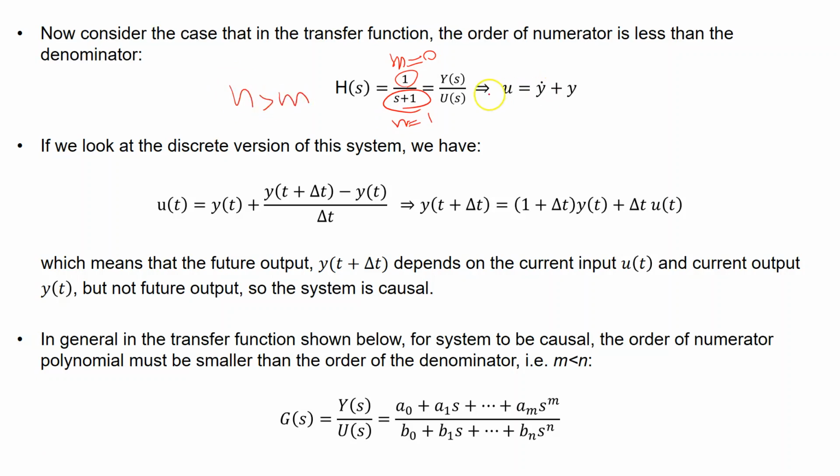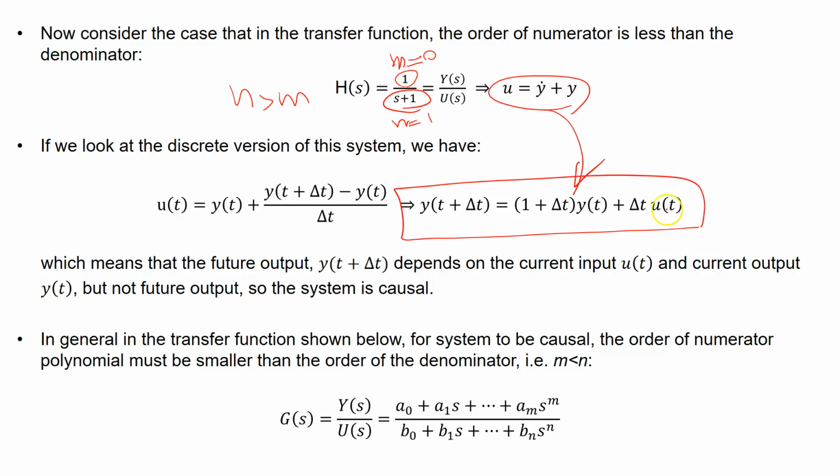Now, if we do that and rearrange, u will be y dot plus y, and if we again use a forward difference for y dot and rearrange it, this is the discretized version of that ODE. Now look at this. Anything wrong with this one?